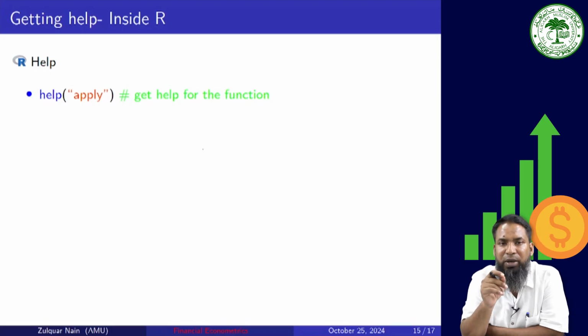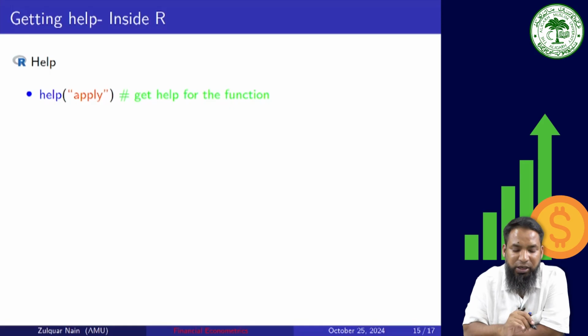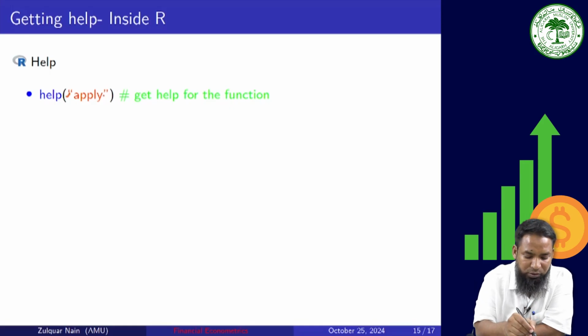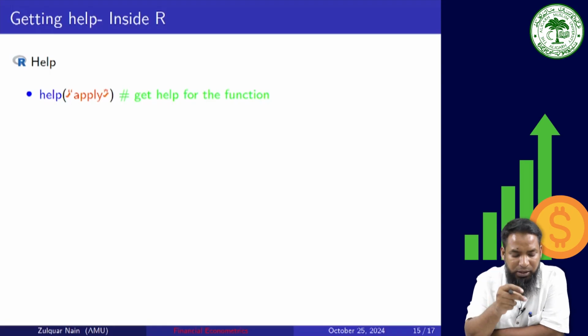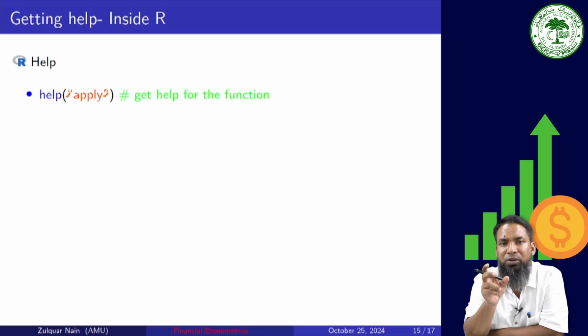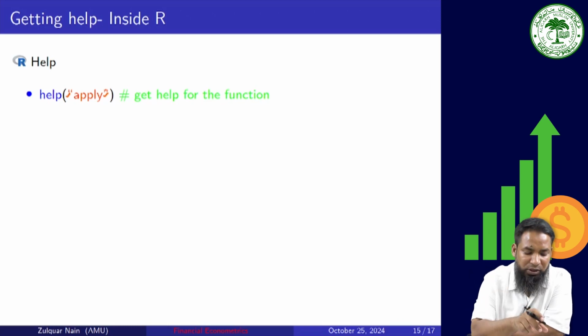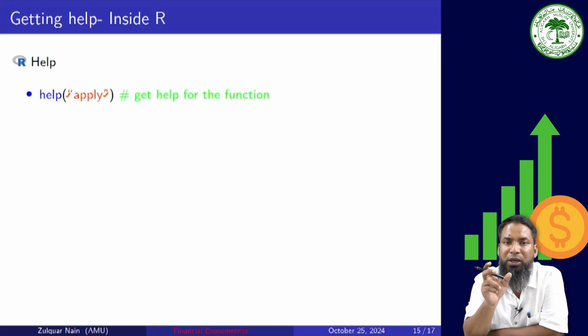However, you have to keep in mind that whenever we write it, we have to put it in double quotes. So help is the function, and the argument is the term for which we need the help. That argument should go inside the parentheses of the help function.